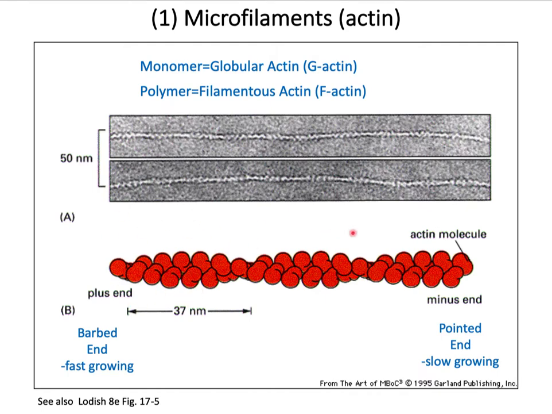The other end is known as the minus end, sometimes referred to as the pointed end. It grows more slowly, both in vivo and in vitro, than the plus end. In fact, for all intents and purposes, in vivo, or inside the cell, monomers are usually not added at the minus end. So how is it that these two ends are biochemically different, and how is that important to their function in the cell?